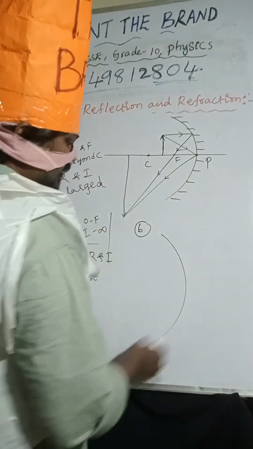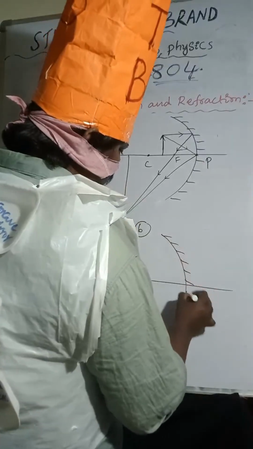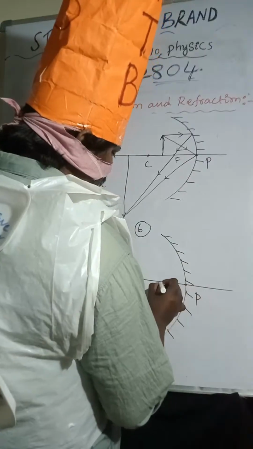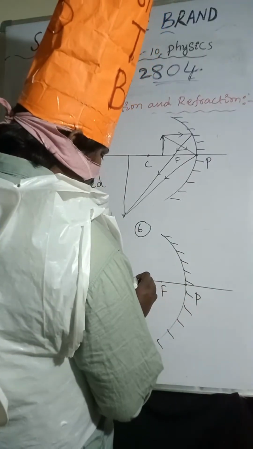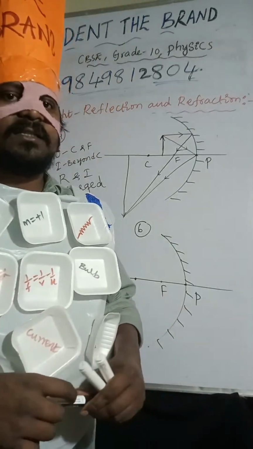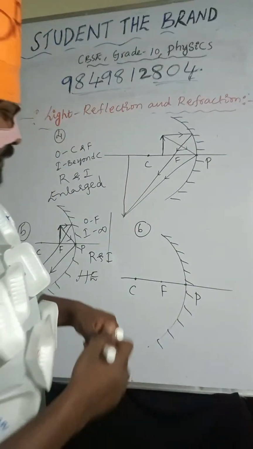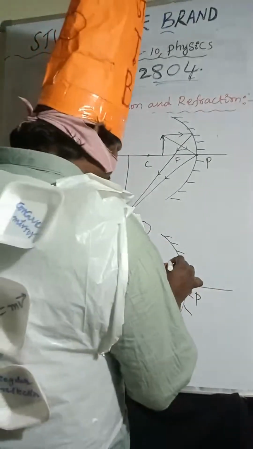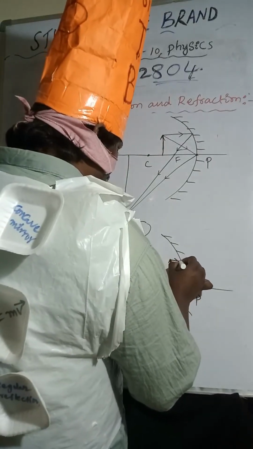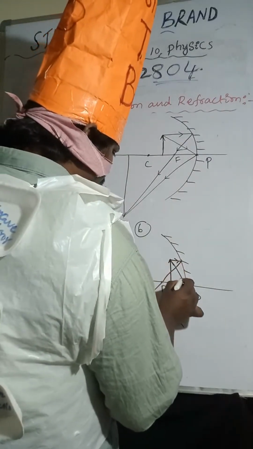So I am taking here, likewise. Pole, focus, center of curvature. Object is placed between F and P. One light ray I am taking like this, so it will be reflected.